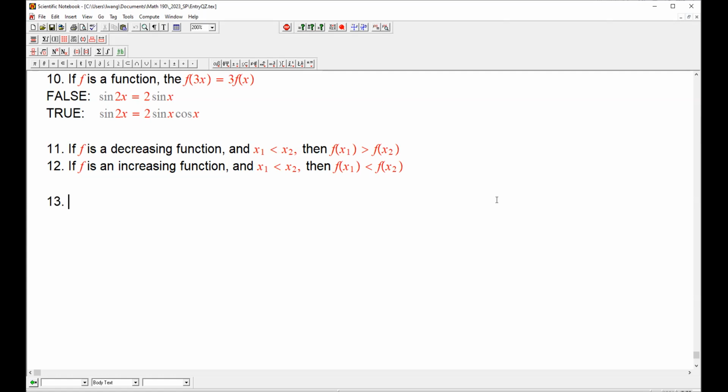Number 13. If f and g are functions, so now we're looking at a composition, right? If f and g are functions, what can they be?